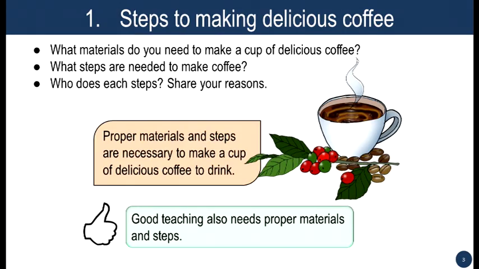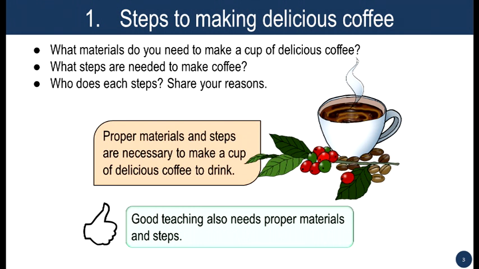So for example, if you're making coffee with coffee beans, you would need several materials such as cup, coffee beans, sugar, milk, boiling water, a coffee maker, a filter, and you may need equipment like roasting beans, a grinder to grind the beans into powder, or some of you just need to use the 3-in-1 instant coffee.